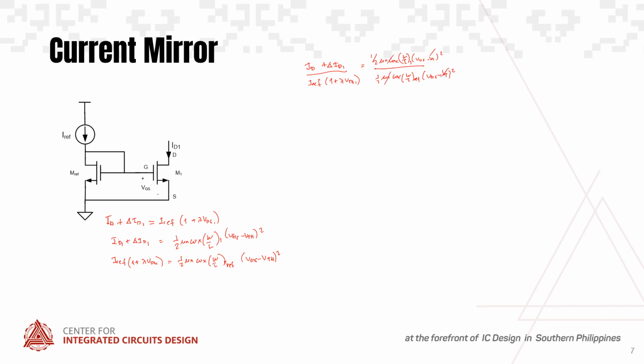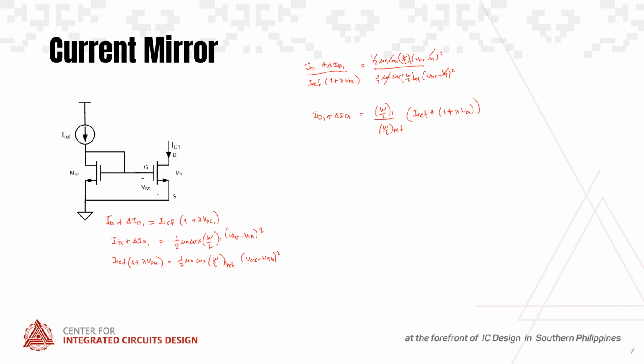Then we could have the drain current ID1 plus change of ID1 is equal to W/L1 over W/L of the reference MOSFET times Iref times 1 plus lambda VDS.